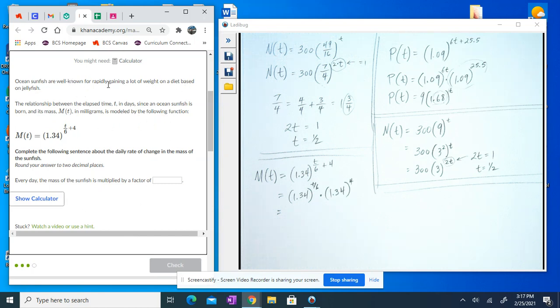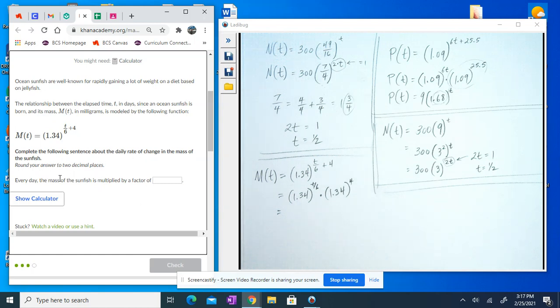Ocean sunfish are well known for rapidly gaining a lot of weight on a diet based on jellyfish. The relationship between the elapsed time t in days since the ocean sunfish is born and its mass is modeled by this function.